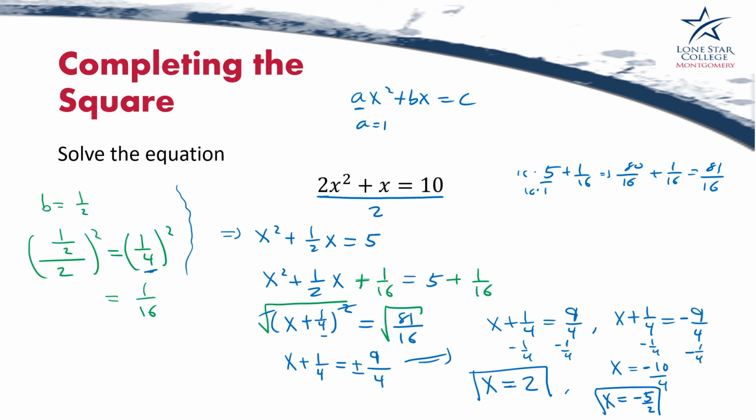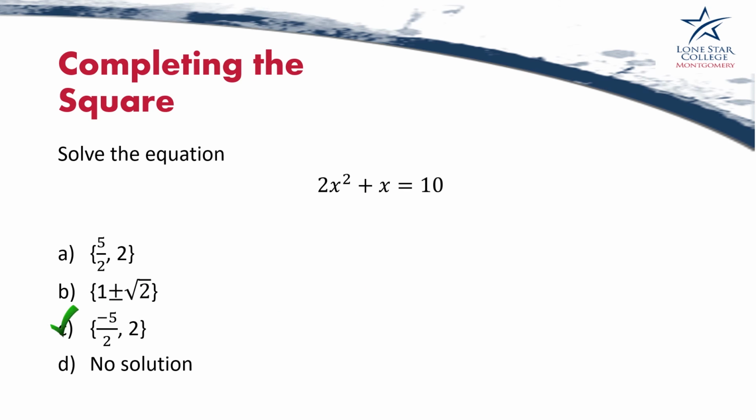So our solution set can be written as negative 5/2, comma 2. Right? So the answer choice is C.